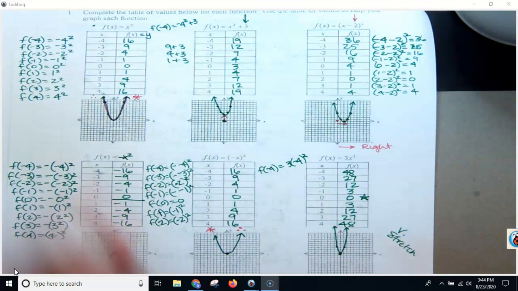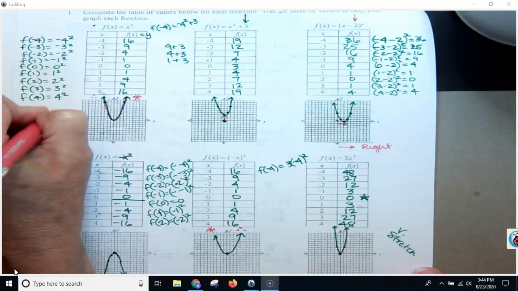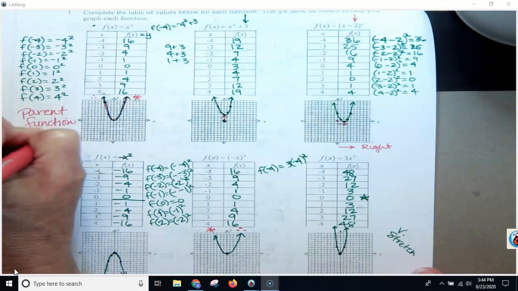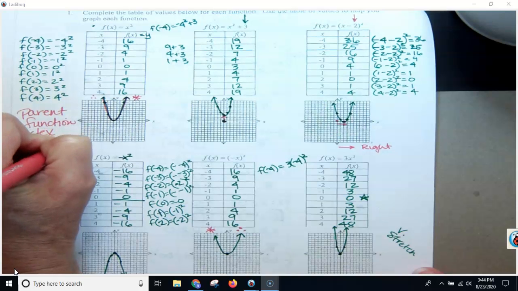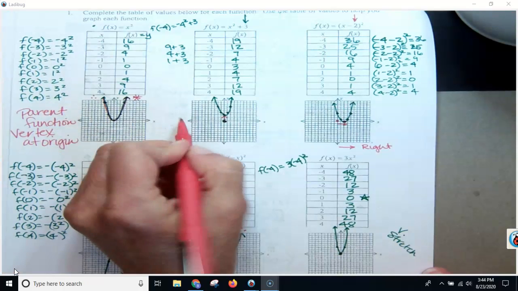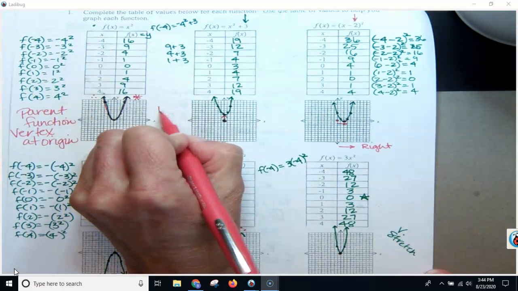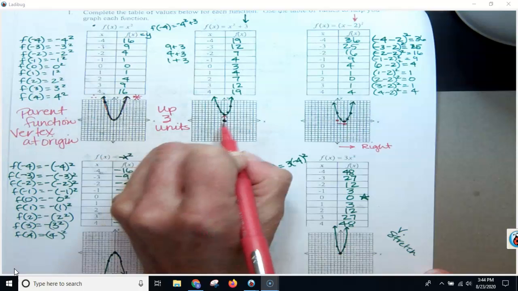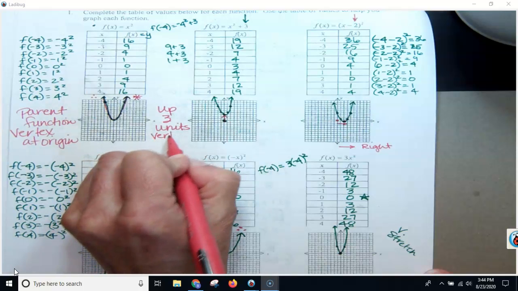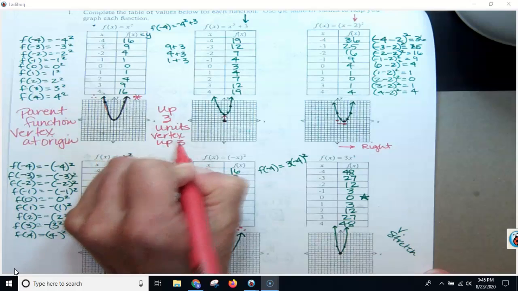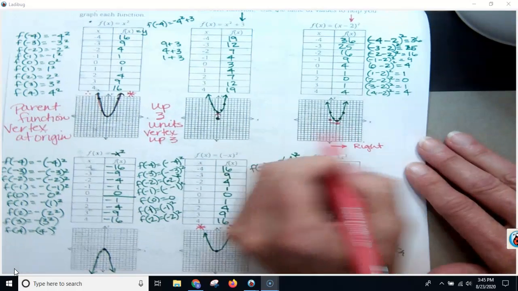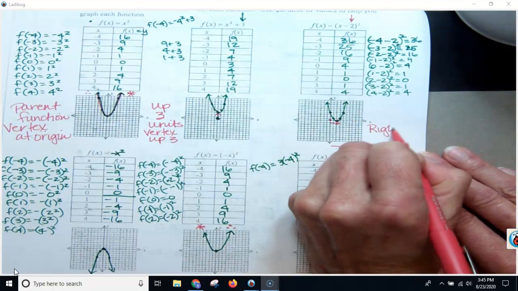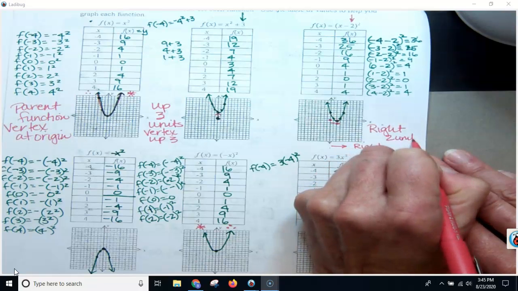So if we were going to name these, this would be your parent function, where the vertex is at the origin. This would be translated up 3 units, so the vertex is up 3. In this situation, your parent function is translated to the right 2 units.